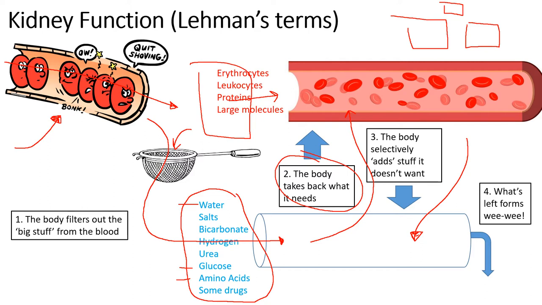First of all, we filter the big stuff from the small stuff. Secondly, we put back into the blood what we want to keep. And thirdly, we put back into the kidney what we want to get rid of, and that's what is excreted. That's the general principle of the kidney and how it works. If you keep that in mind, the rest will become easier, I feel.